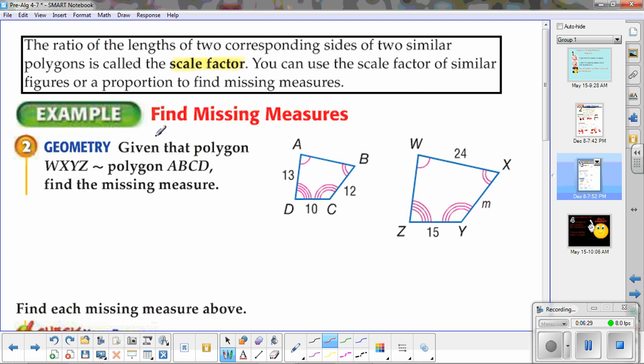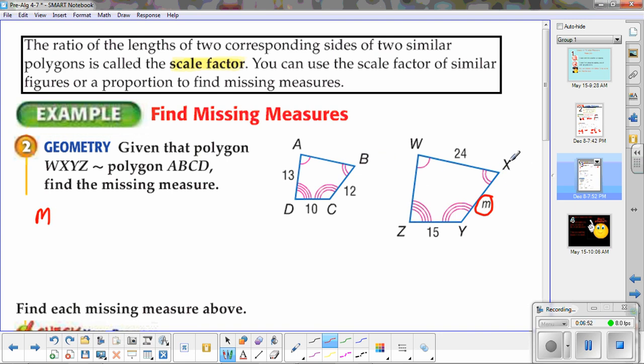So in example 2, it says, given that polygon WXYZ is similar to polygon ABCD, find the missing measure. What I always do is start with what I don't know. I don't know this side right here. So I'm going to write a proportion matching up M with its corresponding side in the other figure.